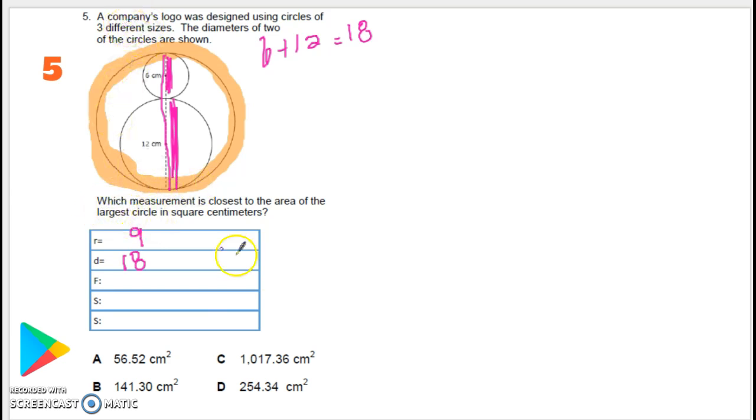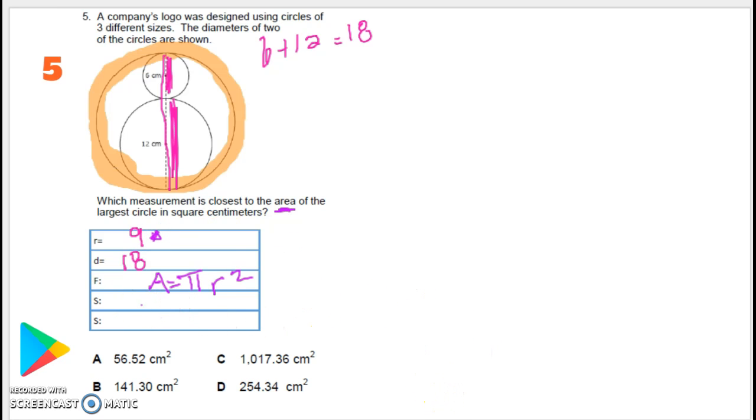Next thing I need to know is, what am I solving for? This says which measurement is closest to the area. So on the formula chart, the area formula for a circle is A equals pi r squared. So that means that we're using this measurement right here.